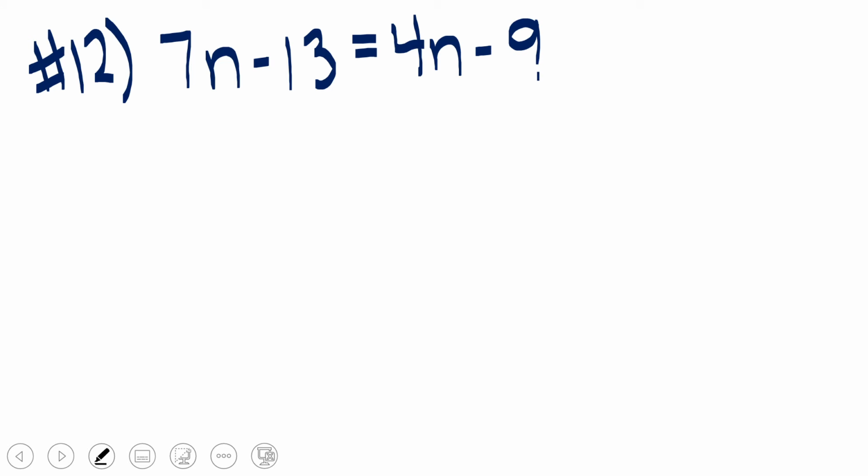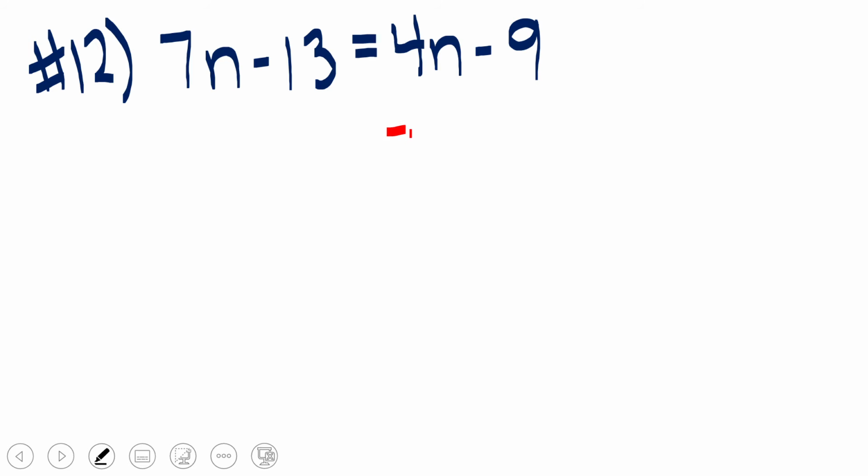Okay, moving on to number 12. We have 7n minus 13 equals 4n minus 9. Again, we're going to look for like terms across the equal sign and combine them. So we'll start with the term that has our variable.